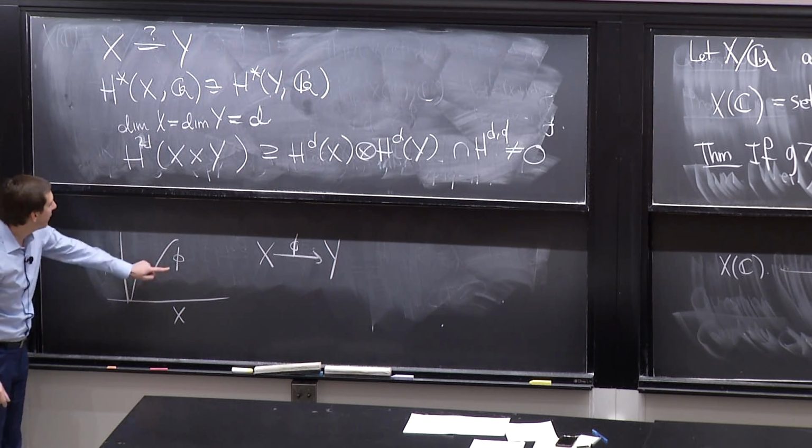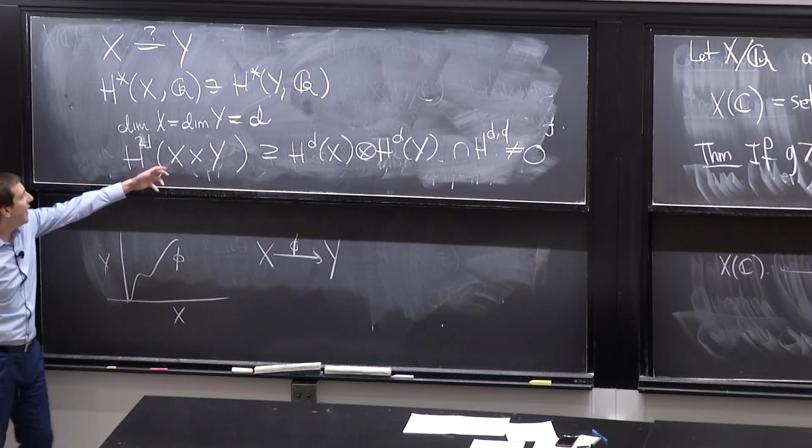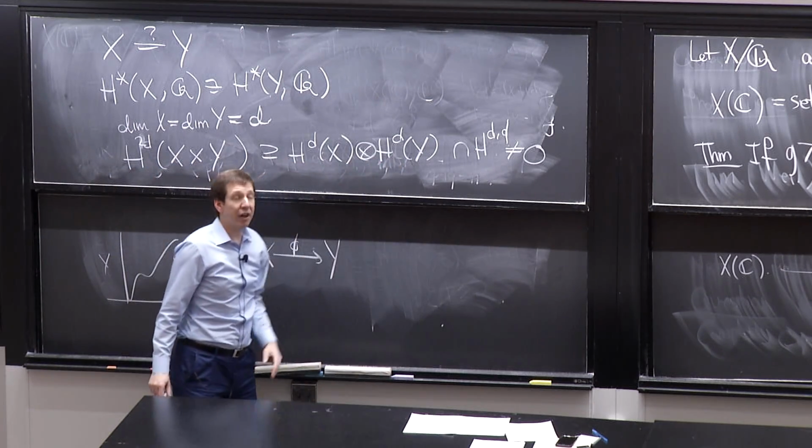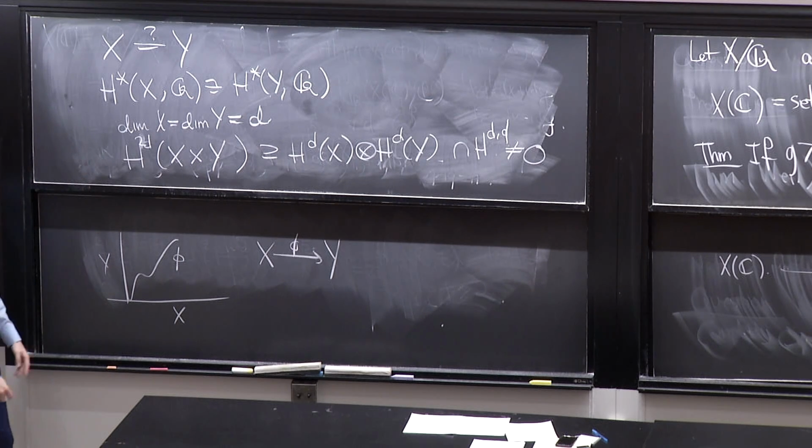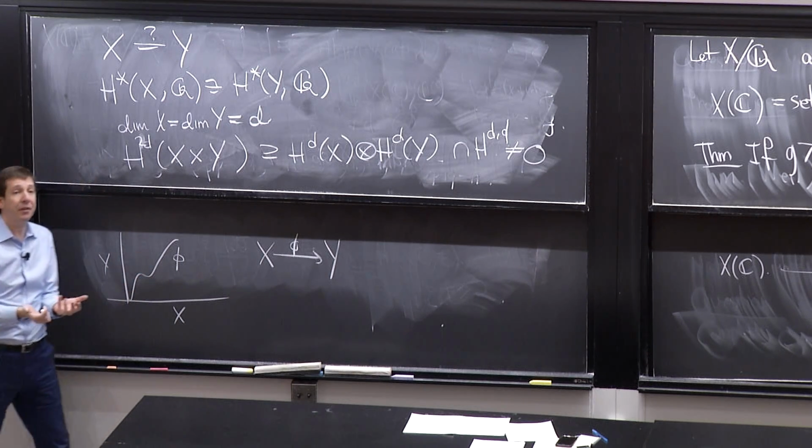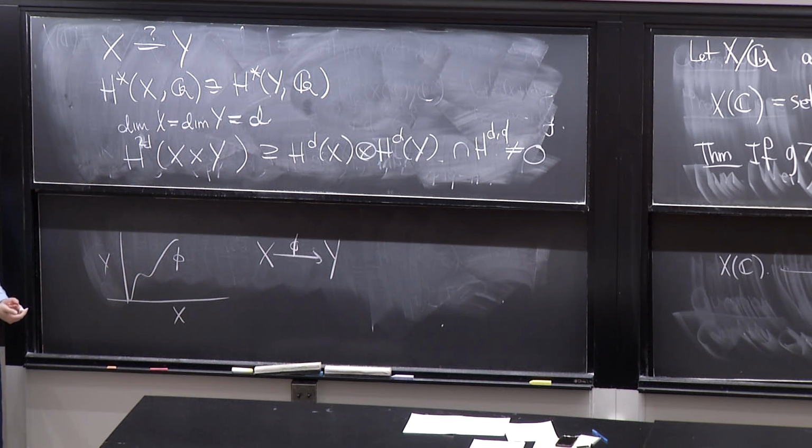And this cycle, coming from the isomorphism from x to y, is what is explaining why the Hodge structures are the same. Now, unfortunately, the Hodge conjecture isn't quite strong enough to really tell you that x and y should be the same. Maybe that's fortunate because it's not true in general, but it at least tells you that there's geometric reasons for why the cohomology is the same.